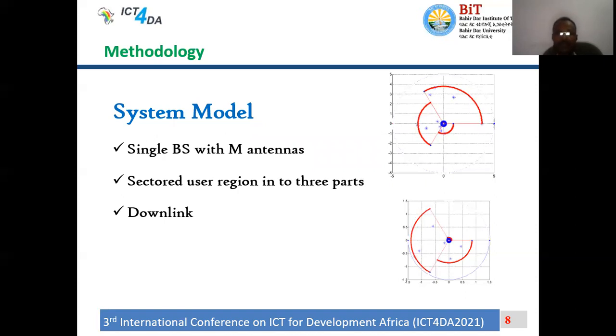The massive MIMO protocol can work with any number of antennas, but the number of antennas should only be greater than the number of user terminals, and it can work in all frequencies, either sub-6 gigahertz or millimeter wave frequencies. And again, we sectored the larger cell into 3 regions, and we only consider the base station part, which is what we call the downlink part.